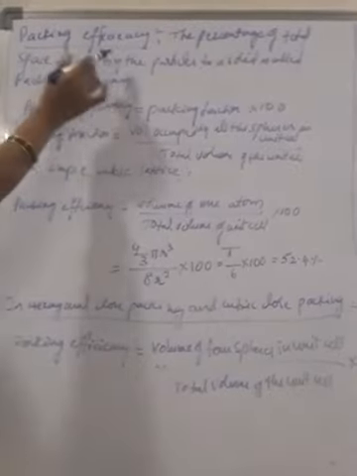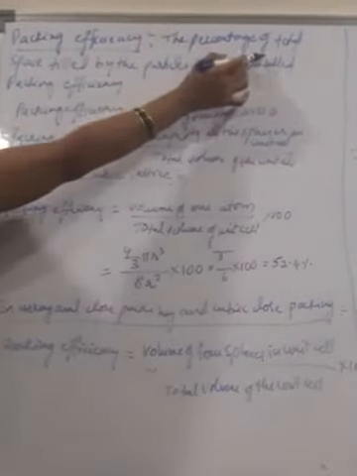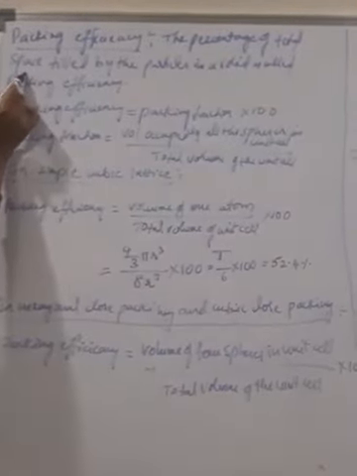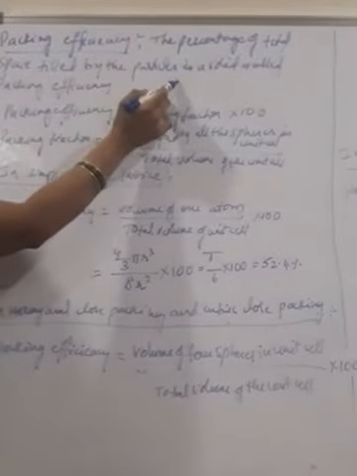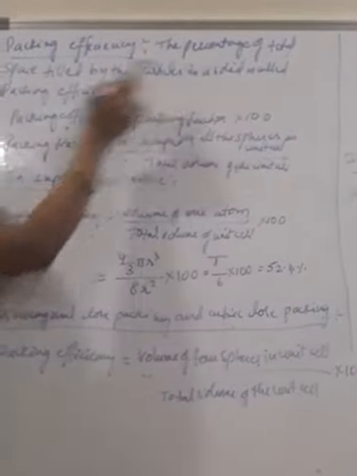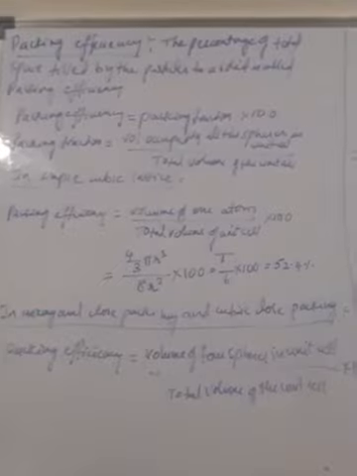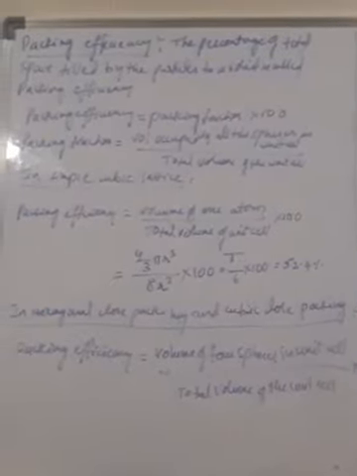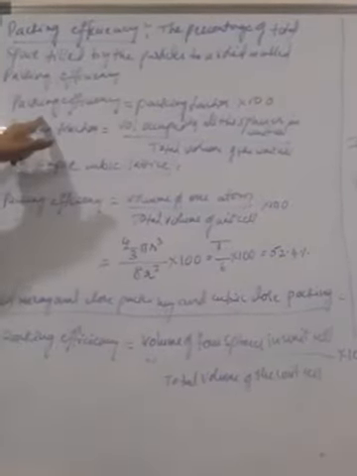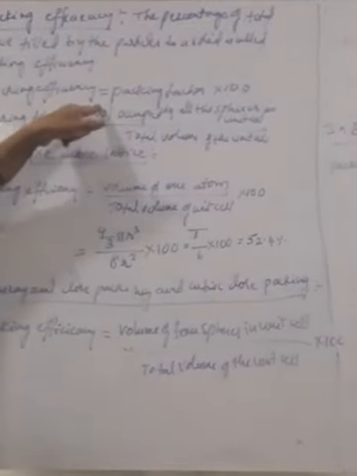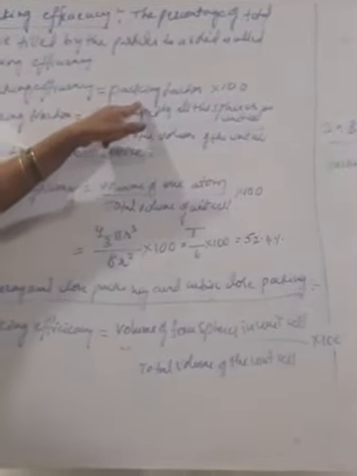So packing efficiency is the percentage of total space occupied by particles in a solid. We can calculate packing efficiency by using this formula: packing efficiency is equal to packing fraction into 100.